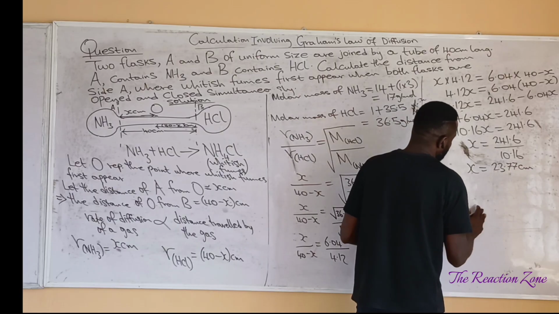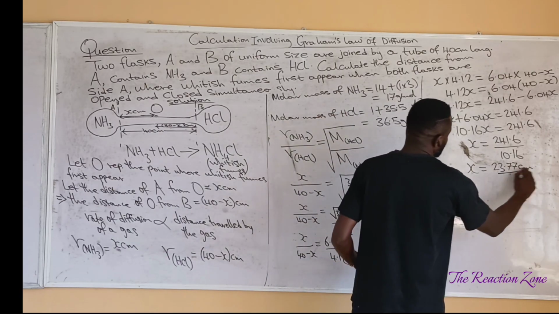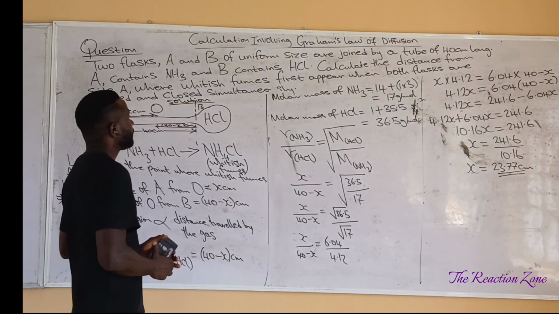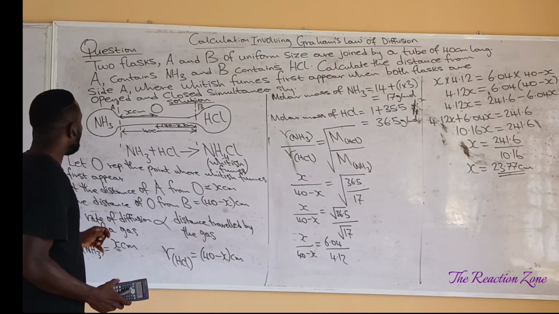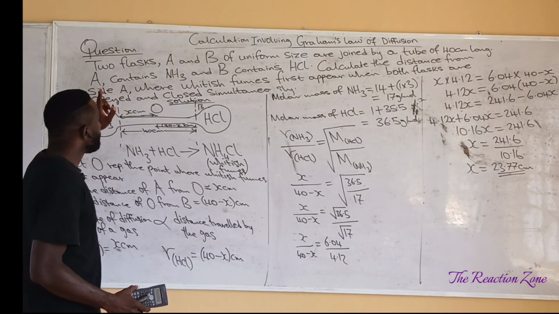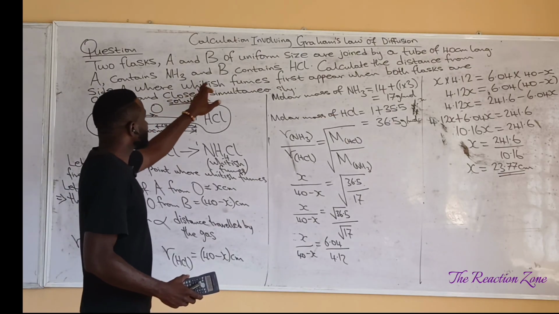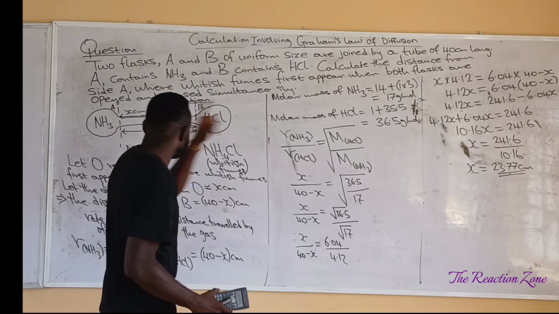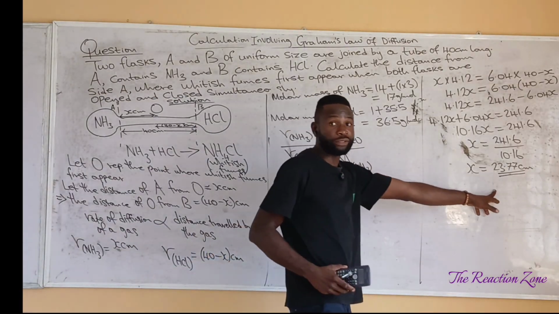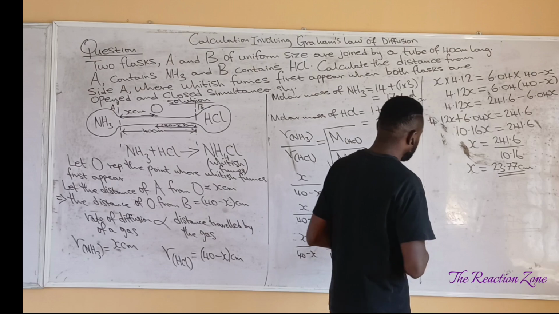23.77 centimeters. So, what this means is that the distance of side A from where the whitish fumes first appear, which is point O, is 23.77 centimeters.